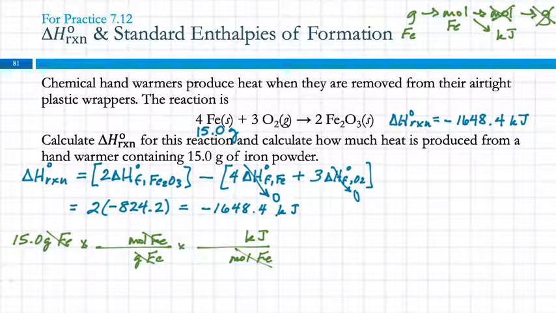Grams to moles, that's the molar mass of iron. So 1 mole of iron weighs 55.85 grams. And kilojoules and moles of iron comes from the balanced chemical equation and delta H. So their delta H is minus 1648.4. And that's for 4 moles of iron.